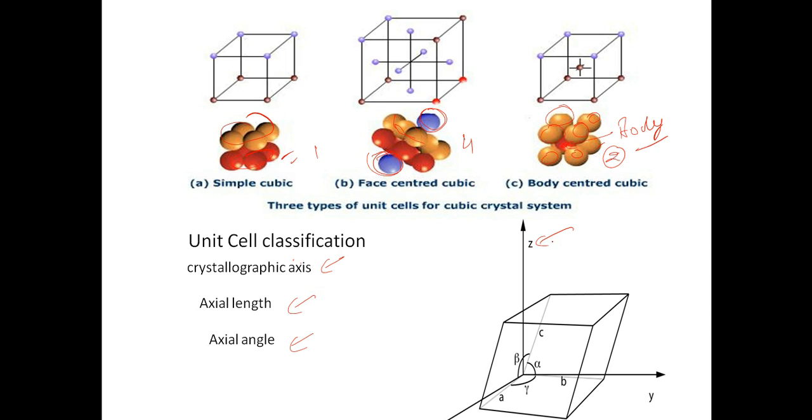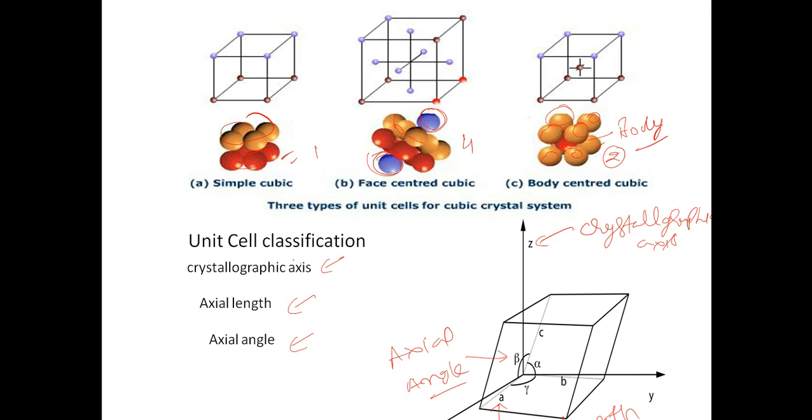So these are the crystallographic axes, these are the axial angles, and this a, b, c is denoted as axial length. So these are the three parameters by which you can classify a unit cell.